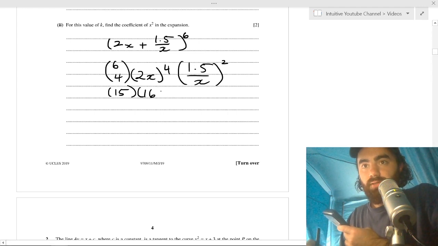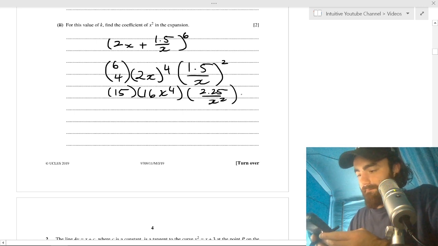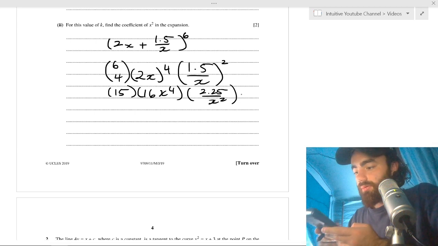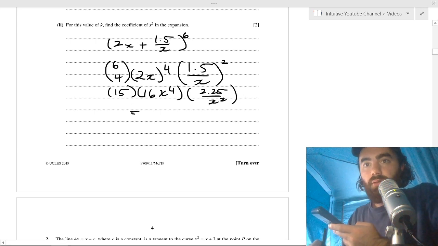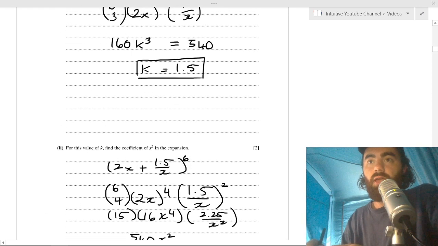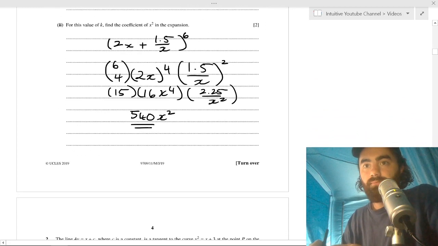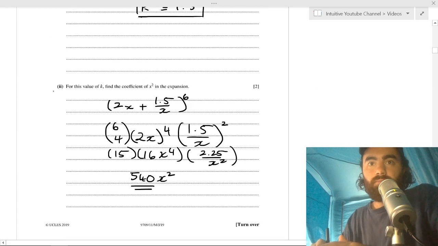So this part is going to be 16x to the 4, and this part's going to be 2.25 over x squared. And when we combine all that together, we get 540x squared. So that means our coefficient for this value of k in this expansion is 540.